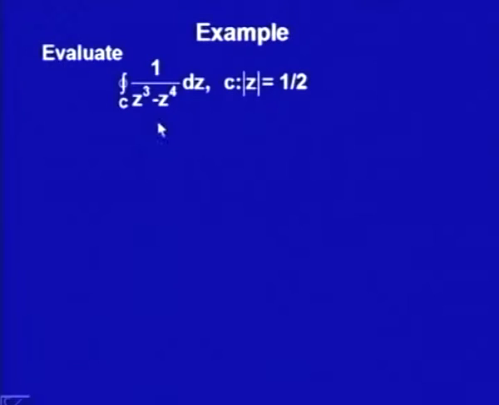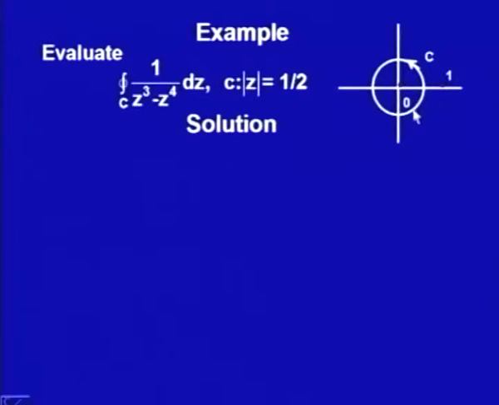Suppose I want to find the integral of the function 1 upon z cube minus z to the power 4 on a contour C, where this contour is a circle with radius half, center at 0. So this is my circle with radius half and center 0.